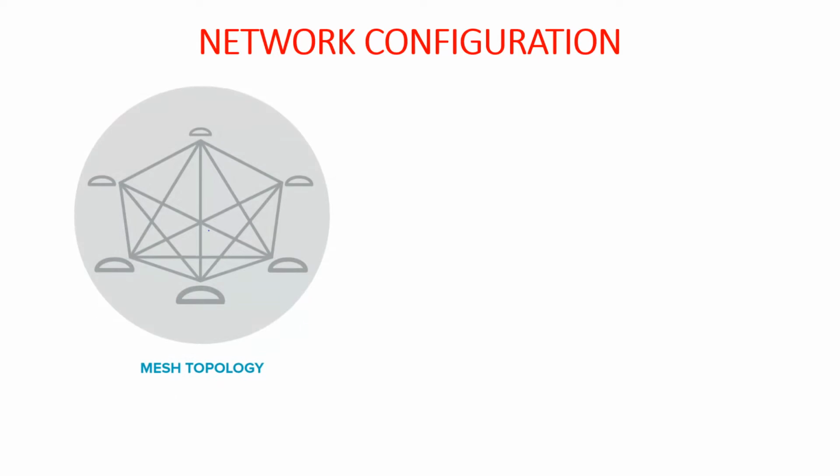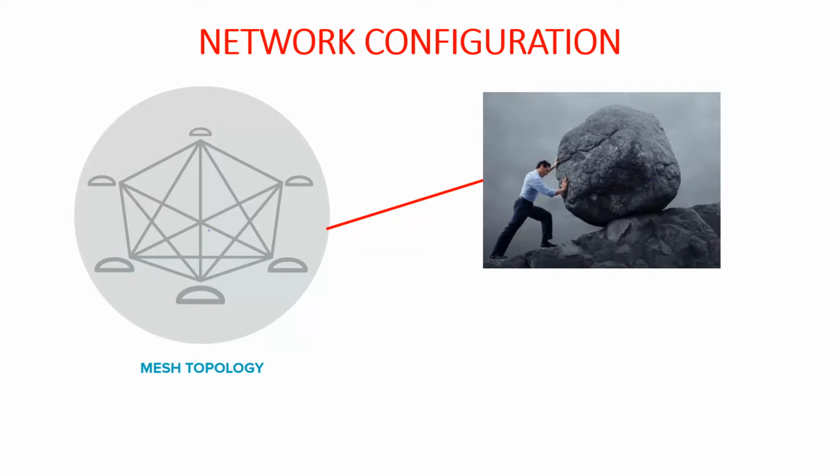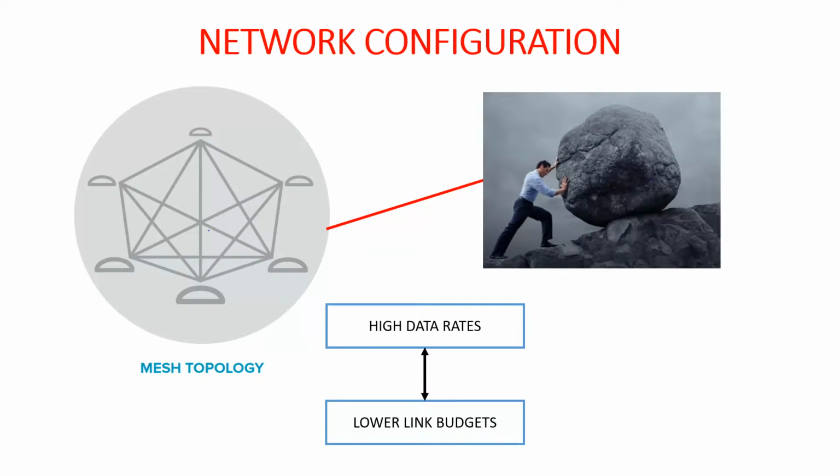Many LPWAN customers have previously tried to solve their wireless connection problems with mesh topology networks like Zigbee. They struggled with mesh network solutions because of high data rates, which resulted in lower link budgets. Link budgets, data rates, and receiver sensitivities will be covered in detail in the upcoming slides.